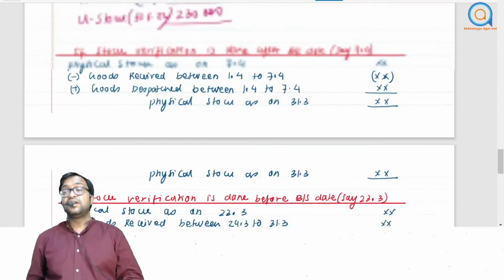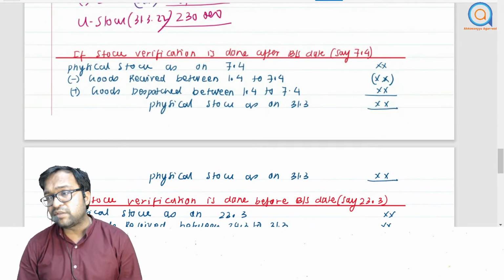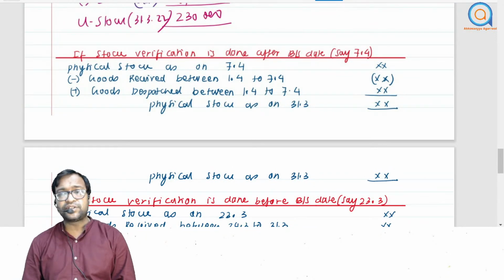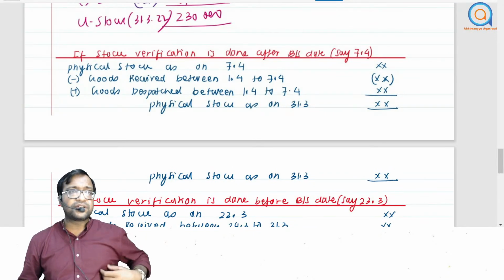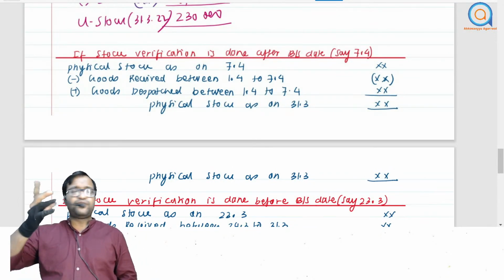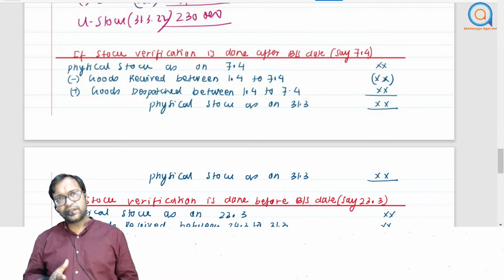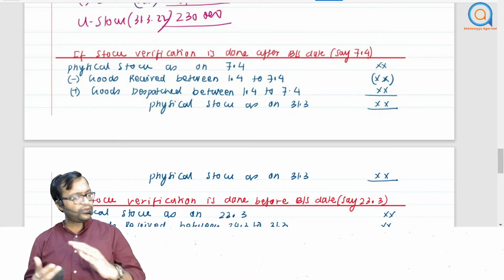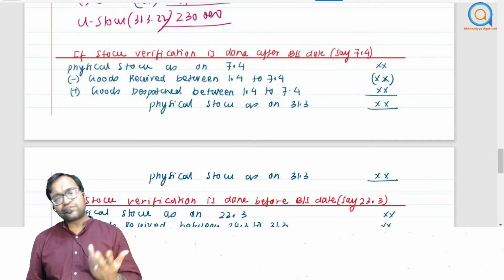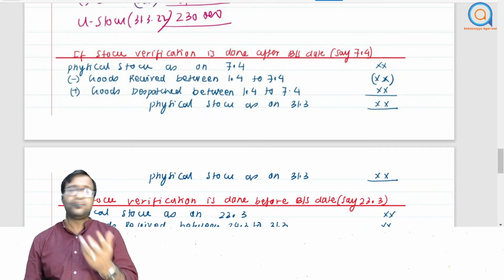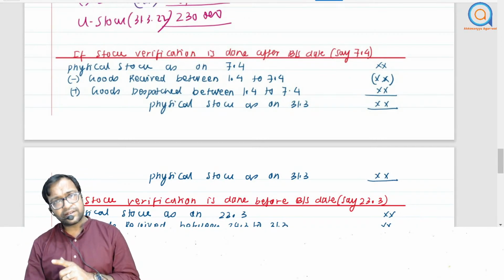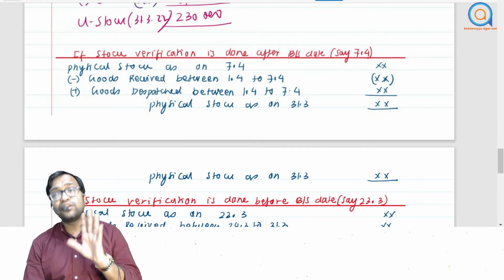Now the most important part of this chapter is stock reconciliation. In stock reconciliation, they will give you one physical stock on a particular date. It may be after the balance sheet date or before it. And they can ask you two things: either physical inventory on the balance sheet date, or the book value of inventory.